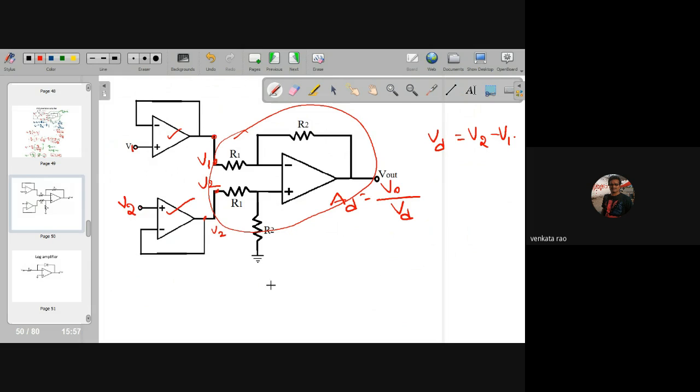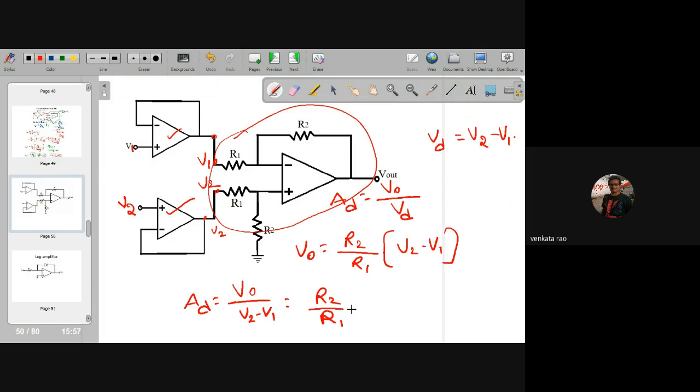Therefore, AD is, sorry, now output voltage is simply from subtractor R2 by R1 into V2 minus V1. So differential gain is V0 by V2 minus V1, which is R2 by R1. Simple. That is the gain.